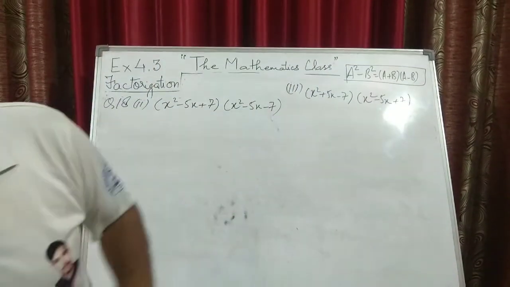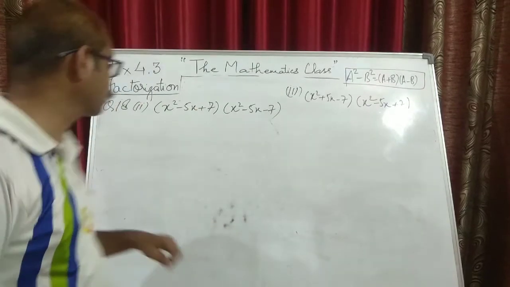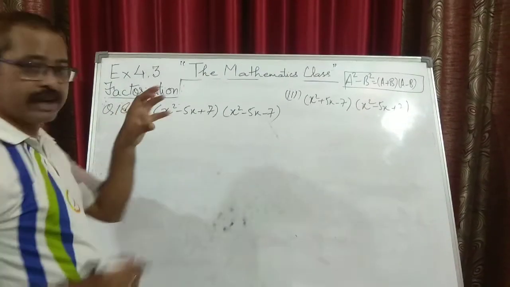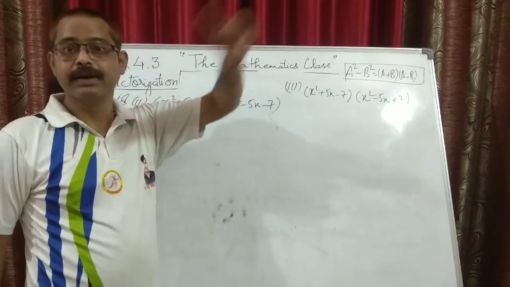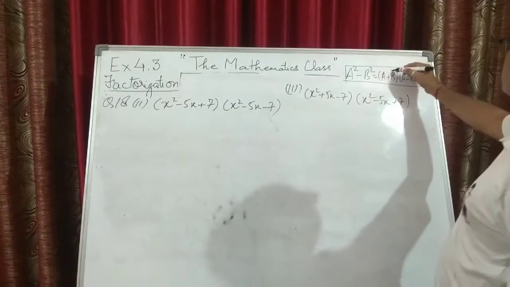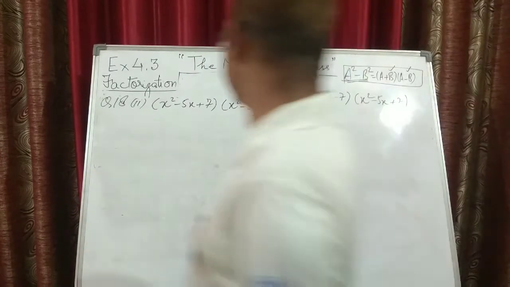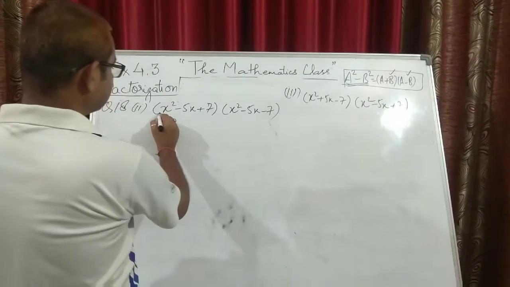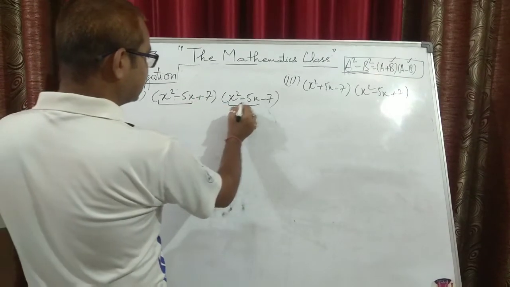The question reads, express each of the following as a difference of 2 squares. It means you have to find out a and b and write it in the form of a square minus b square. In this question it has been given in a plus b and a minus b form. You have to write it in this form, reciprocate. Now in this, I think this can be considered as a plus b, a minus b.